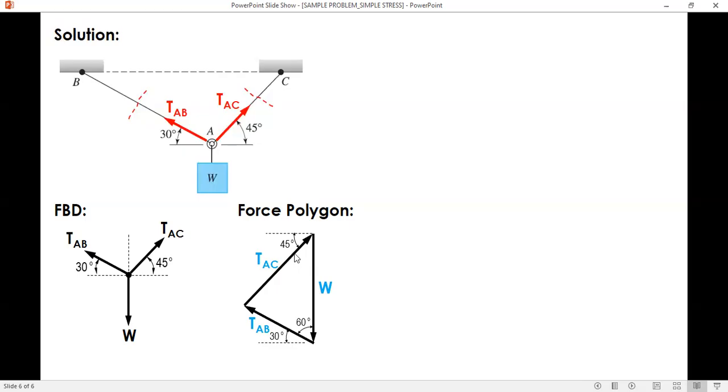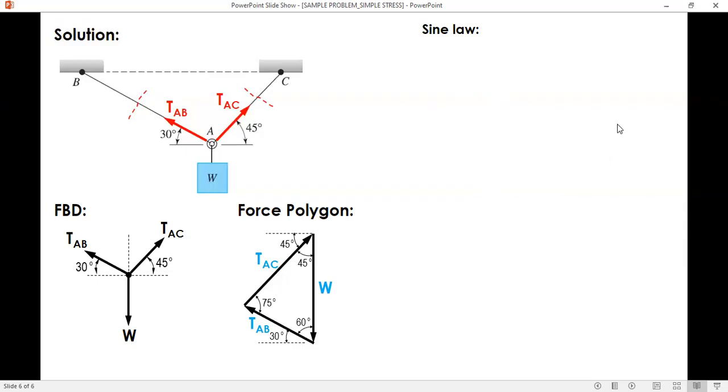So this interior angle is equal to 45 degrees. And in a triangle, the total interior angles is 180. So solving for this angle, it's 180 minus 60 minus 45. And the value is 75.